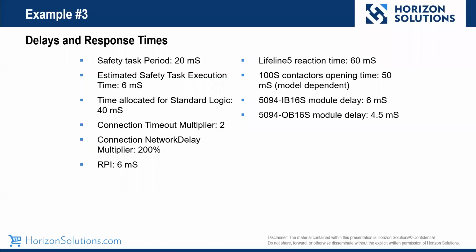Our Lifeline 5 rope pull switch has a slightly higher, longer reaction time on the input side than our SensaGuard does. We're using the same 100S contactor, so we have the same output reaction time there. However, we're using new 5094 Flex 5000 here, which has a very fast reaction time of 6 milliseconds and 4.5 milliseconds for the input and output respectively.